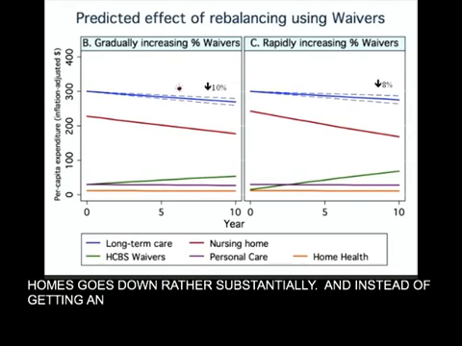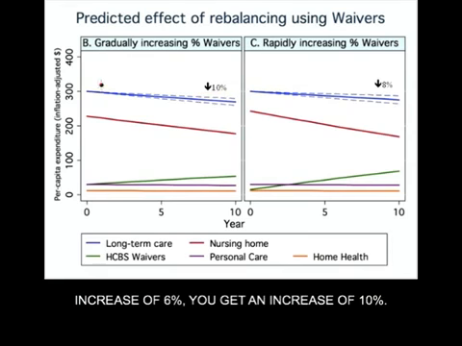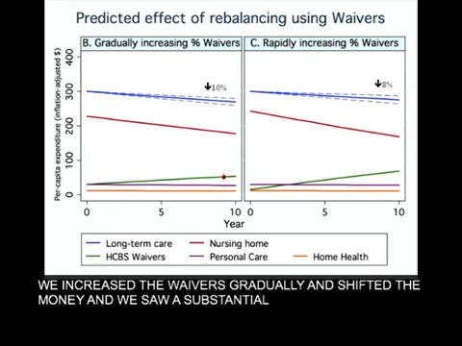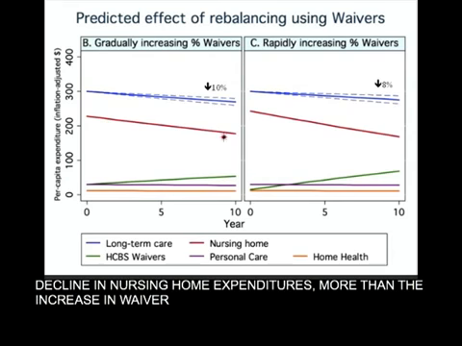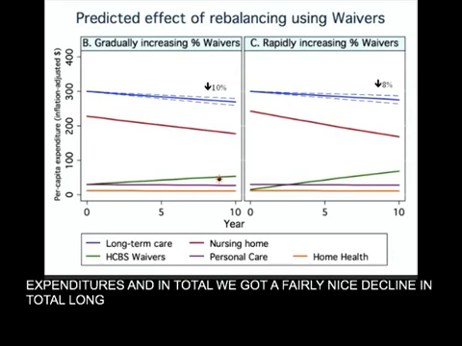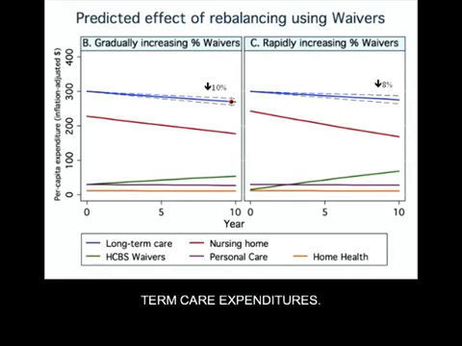And instead of getting an increase of 6% over a 10-year period, you get a decrease of 10% in your total expenditures. So we increased our waivers gradually. We shifted money from nursing homes to waiver programs, and we saw a substantial decline in nursing home expenditures that was more than the increase in waiver expenditures, and in total we got a fairly nice decline in total long-term care expenditures.